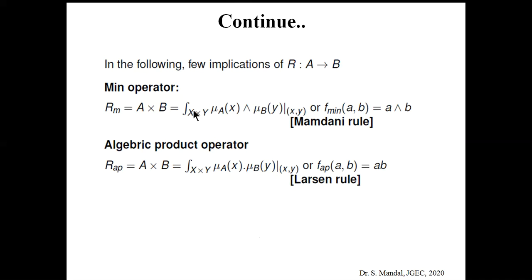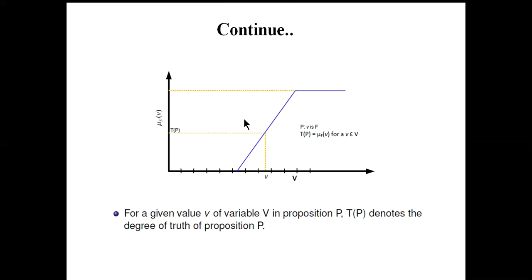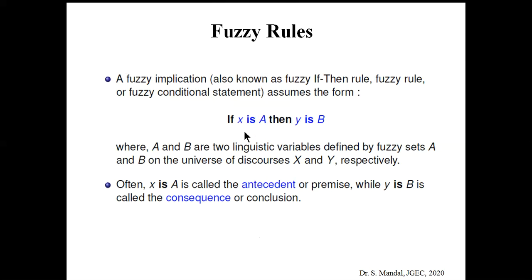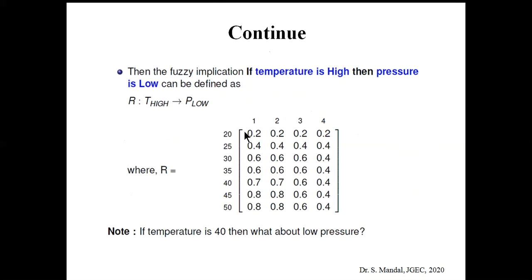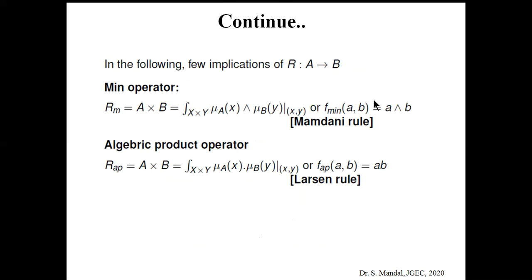So integration x cross y, mu x intersection mu b by y, and this one is the AND operation for the fuzzy rule.